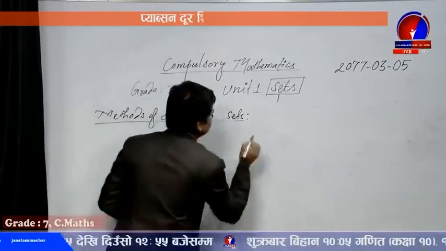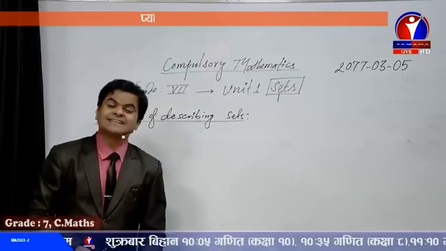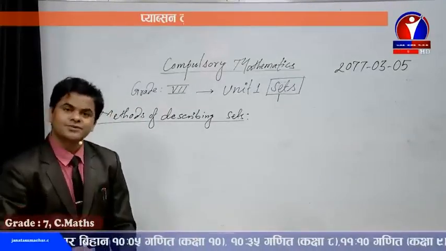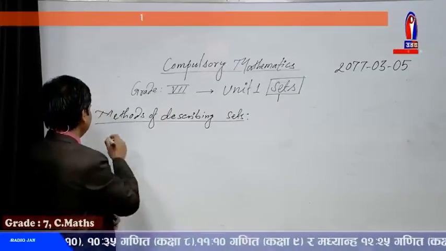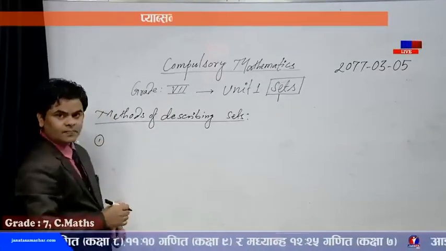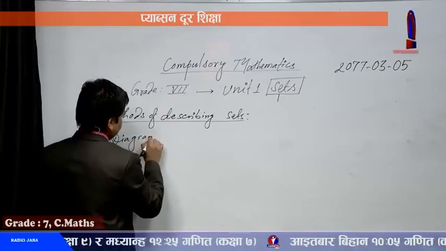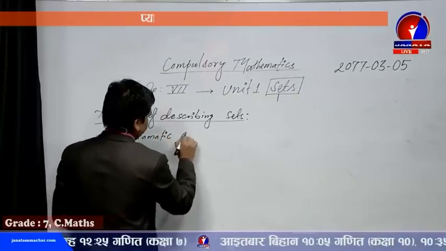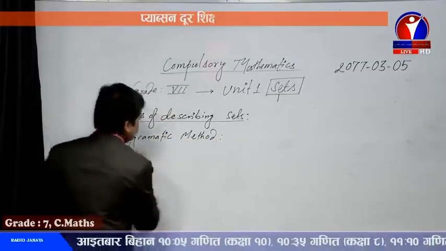There are so many methods of describing a set, but among them, which are essential, which are very necessary to you, I will include those methods. First one is diagrammatic method.